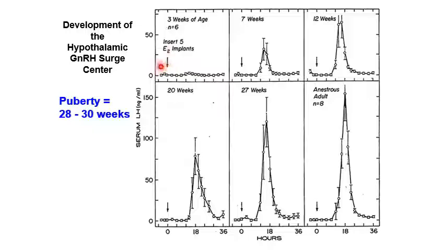But in here, after the implantation of the estradiol, the animal has gained the ability to produce GnRH even before puberty occurs, at 27 weeks. So this suggests that the surge center is already functional at this point in time, before puberty has begun.